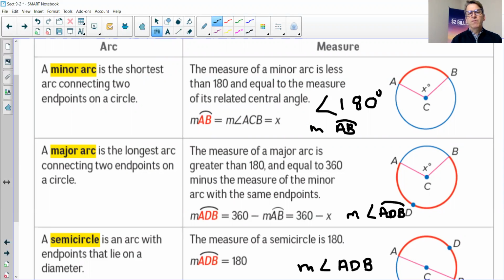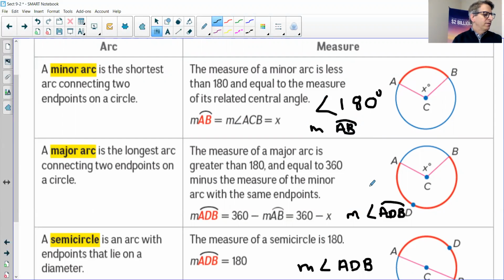So the measure of arc AB is equal to the measure of angle ACB, which is equal to x. You can see the graphic here. It's also noted as the measure of AB with a little arc on top.